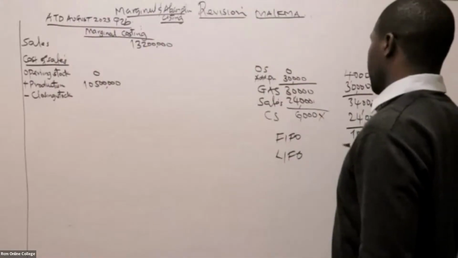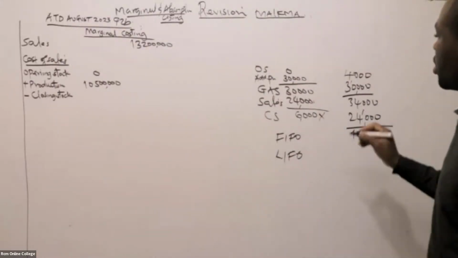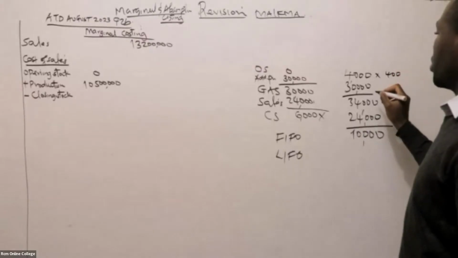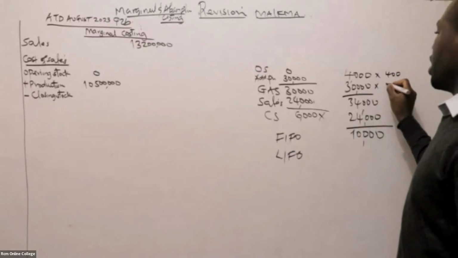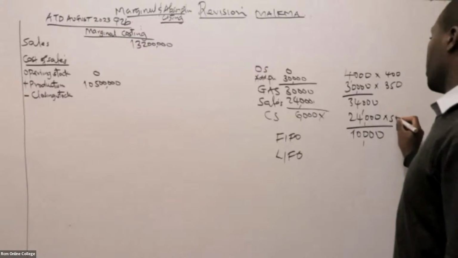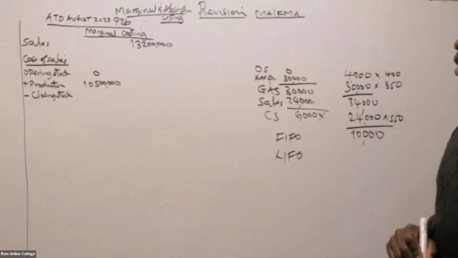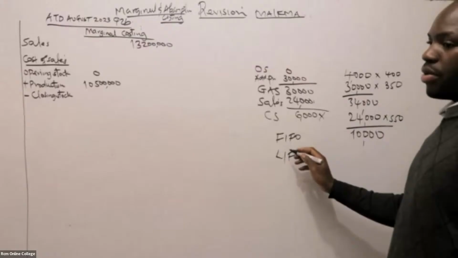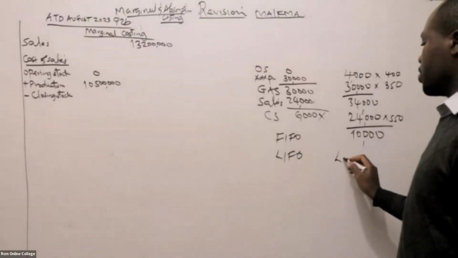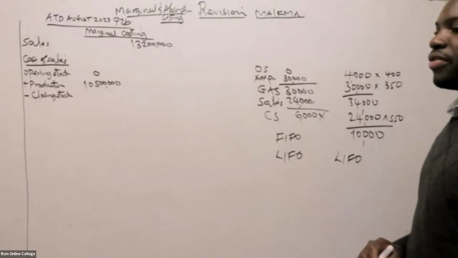Then we come and complicate things and tell you, you know what? This opening stock was brought in at 400. Then what was produced during the year was produced at 350. Then the sales were sold at 550. Now we complicate these things by giving one additional piece of information: the company is using what we call LIFO, last in, first out.